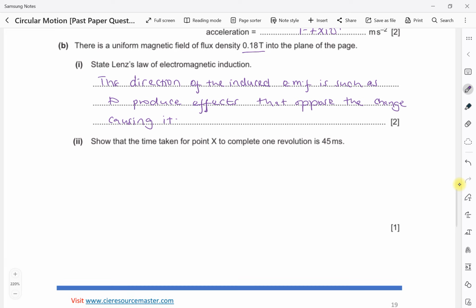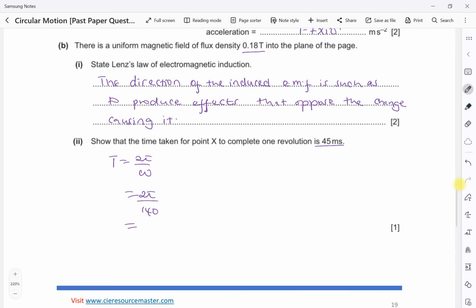Show that the time taken for point X to complete one revolution is 45 milliseconds. In other words, finding the period. Period is equal to 2 pi divided by omega, which is 2 pi divided by 140.